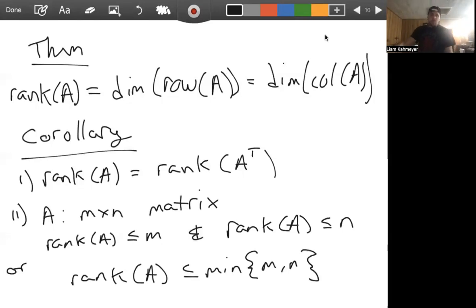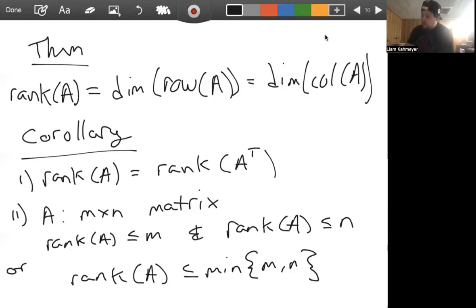Because you could never have the dimension of the column space be greater than the number of columns you have, or the dimension of the row space be greater than the number of rows that you have. And that's exactly what this is saying.